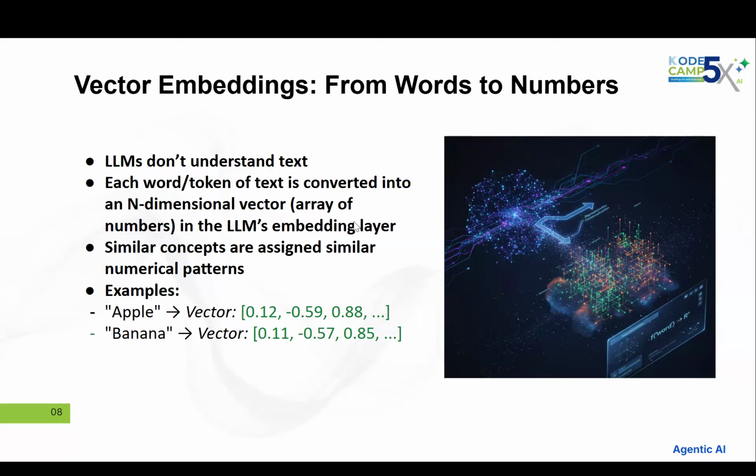I was talking about how the tokens of text that I input to the LLM get converted into vectors of numbers in the LLM's embedding layer, and that the LLM processes these vectors to predict the next token in its output, and it keeps predicting the next token until that next token becomes an end of sequence symbol, at which point we get the full output of the LLM.